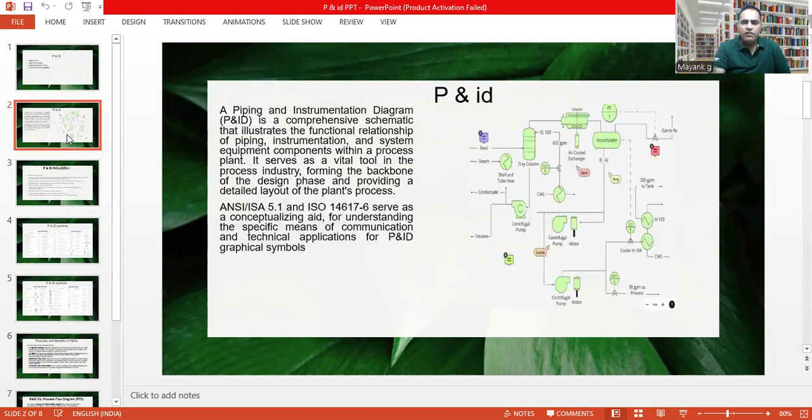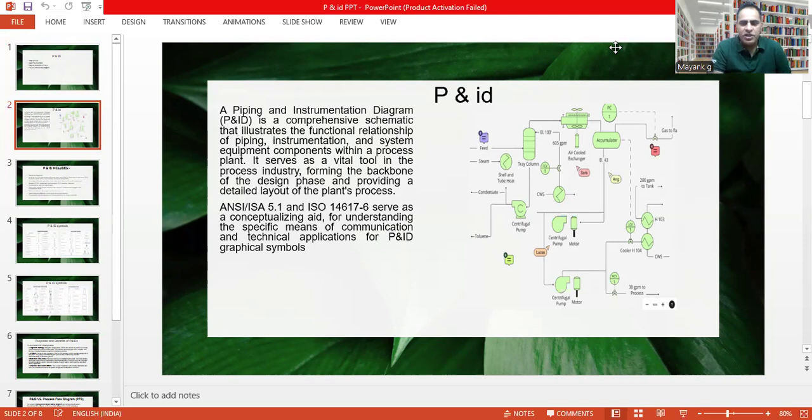So first of all, what is PNID? So PNID is basically, as I mentioned, a piping and instrumentation diagram. It gives a comprehensive, systematic diagram that illustrates the functional relationship of the piping, instrumentation, and the system equipment components within any process plant.